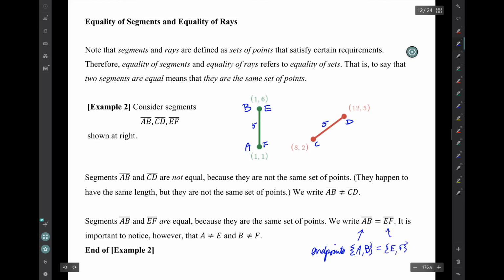Even though point A is not equal to point E and point B is not equal to point F, we can say that the set AB is equal to the set EF.